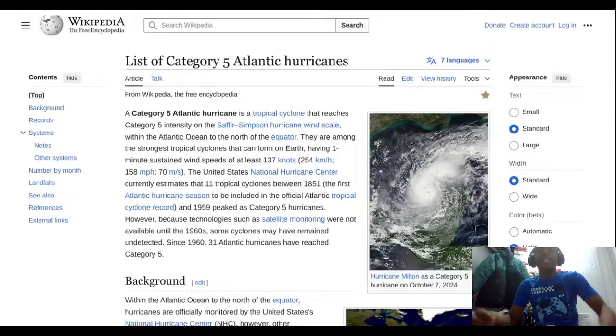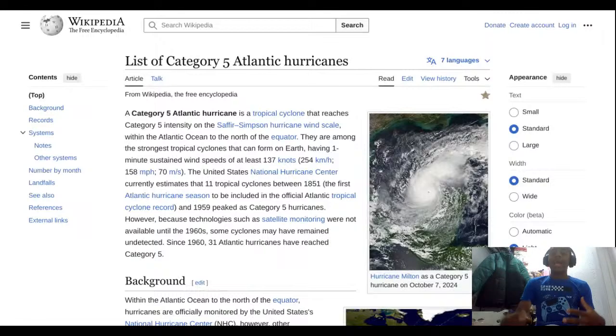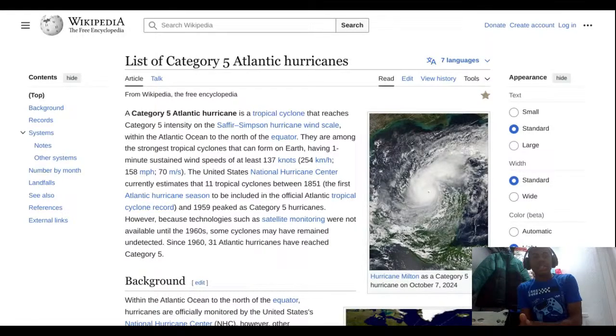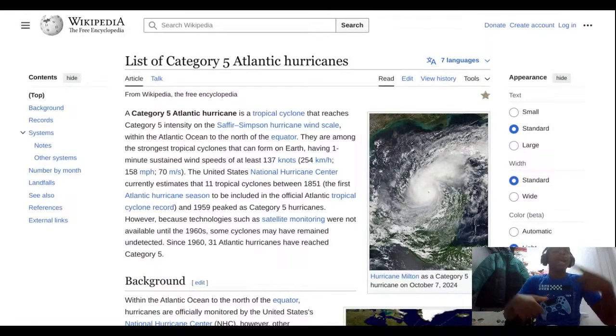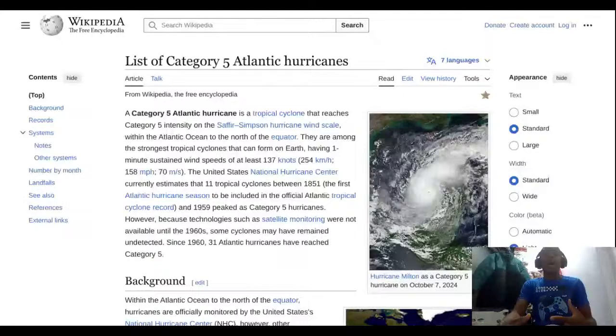The Fujita scale was rated F0, F1, F2, F3, F4, and F5. Now you have the Enhanced Fujita scale, which goes F0, EF1, EF2, EF3, EF4, and EF5.